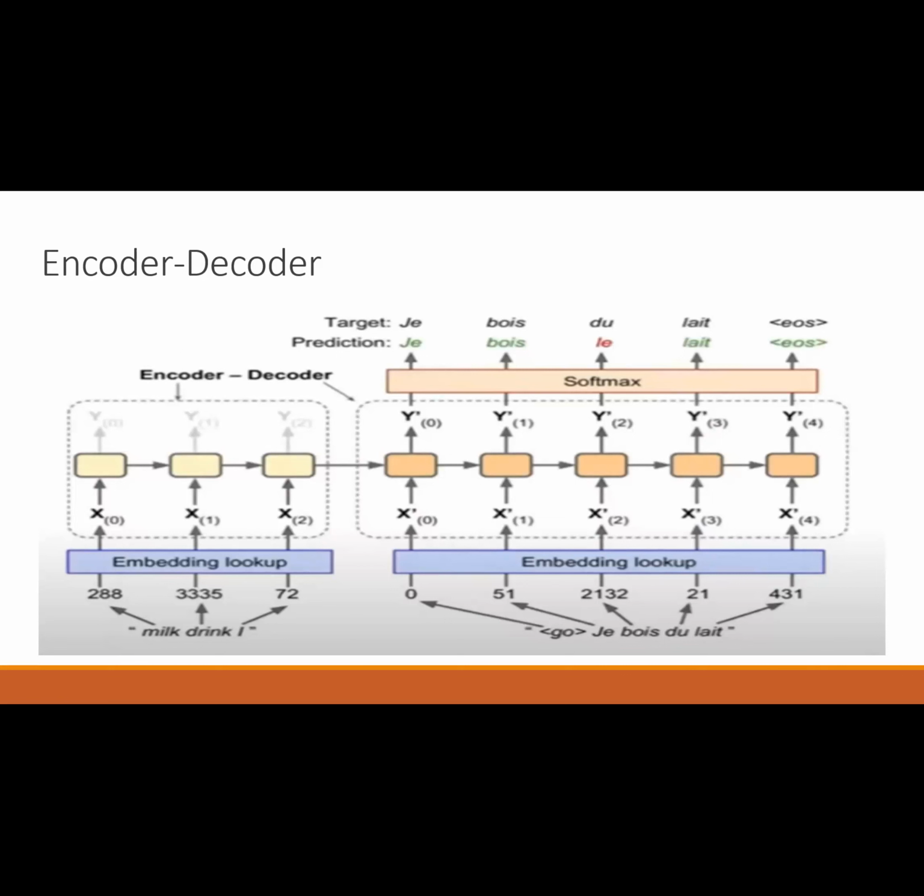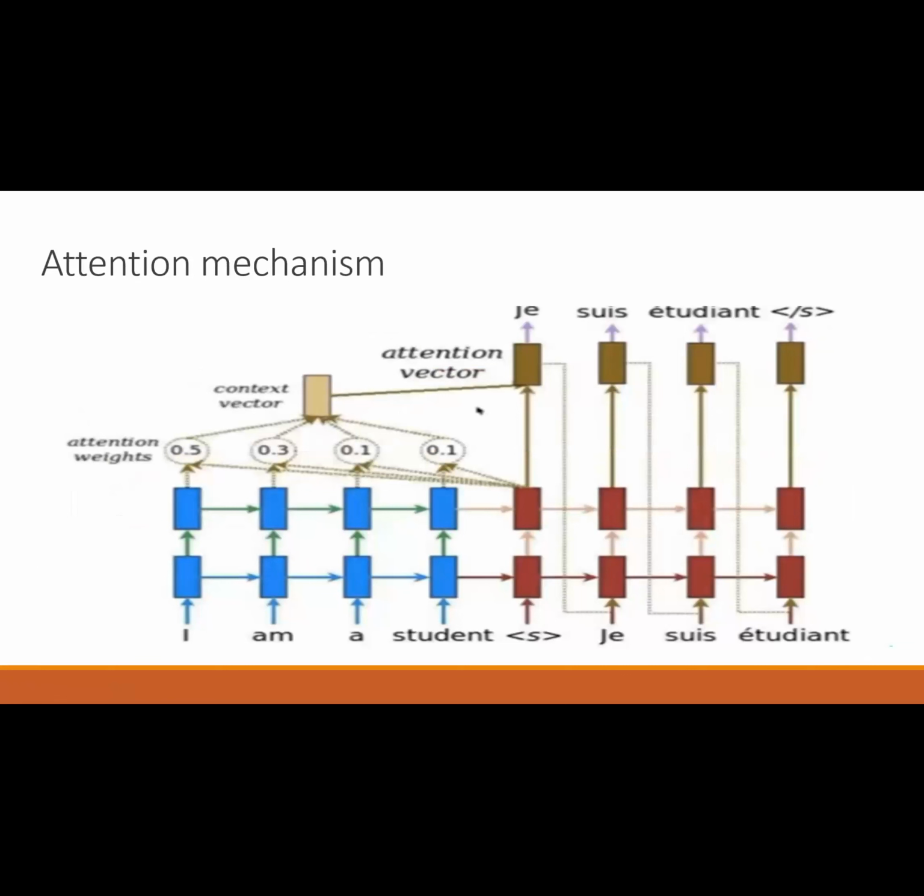So usually it compares the tokens, analyzes them, and then rearranges the words according to the translation. Based on the similarity as well as the probability, it can rearrange the words. This is how the sequential model works. This is the attention mechanism.